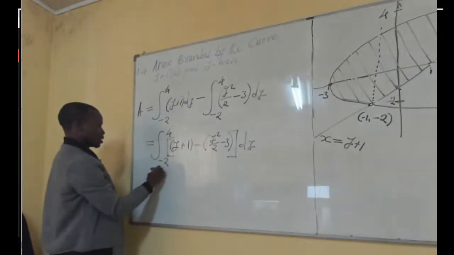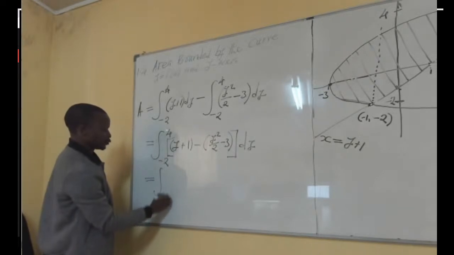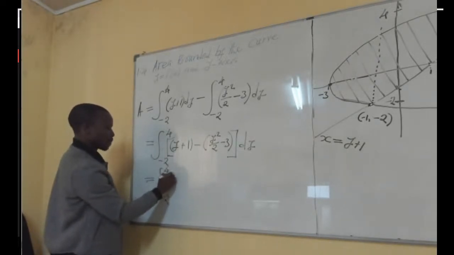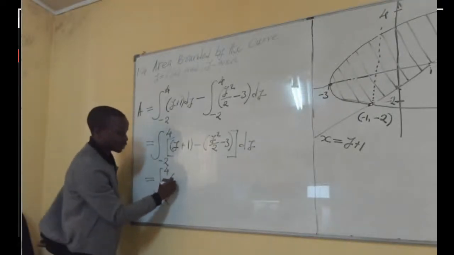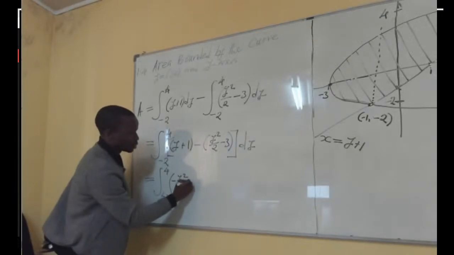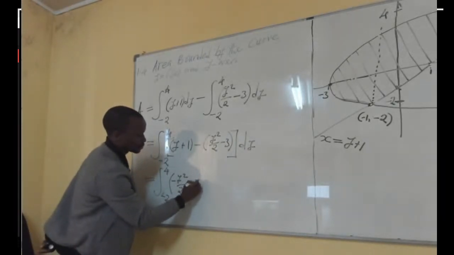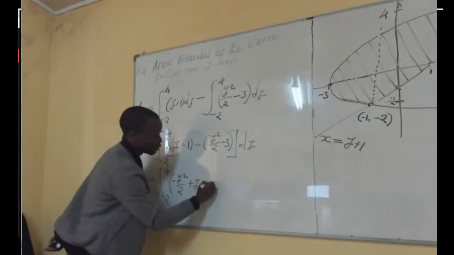When we simplify further and rewrite this, we have the negative of y squared over 2, then plus y, then plus 4.